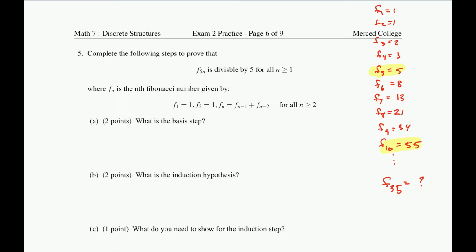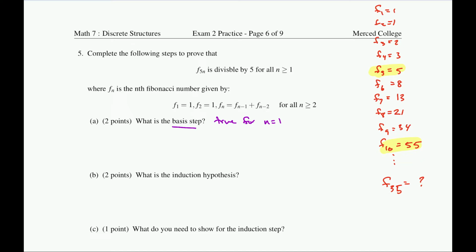There's nothing to it. We just need to get in here and get started. So what is the basis step? The basis step is always true for n equals 1, and this does start at 1.